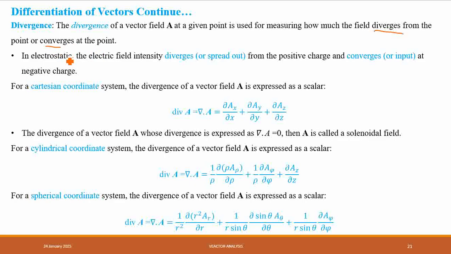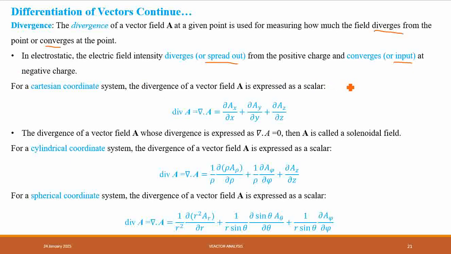Since we are discussing electromagnetics, in electrostatics the electric field intensity diverges, meaning it spreads out. So divergence means it spreads out from the point, and convergence means it comes in, as an input.